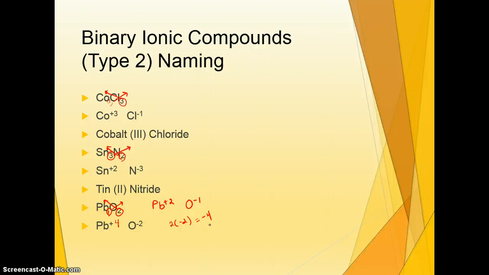These aren't common all the time. They're certainly not there all the time that this happens like this, but they're definitely there. So you do need to understand these rules. But that leads us to getting the answer of lead 4 oxide.